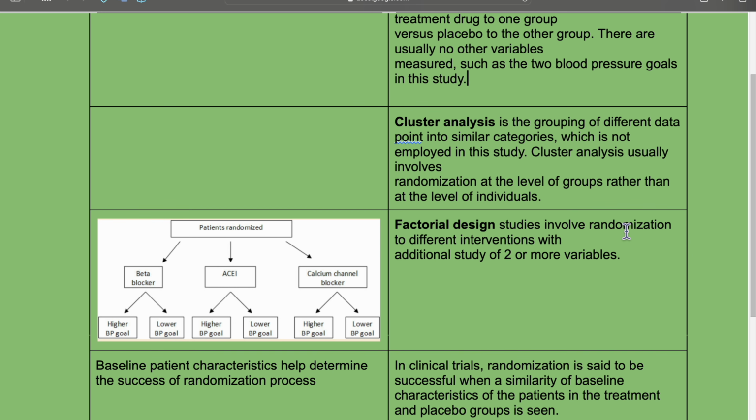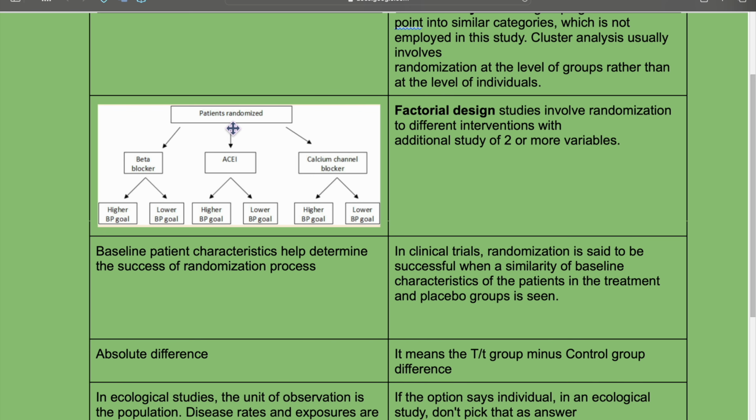Cluster analysis usually involves randomization at the level of groups rather than at the level of individuals. Okay. Here we have this. This is called the factorial design.